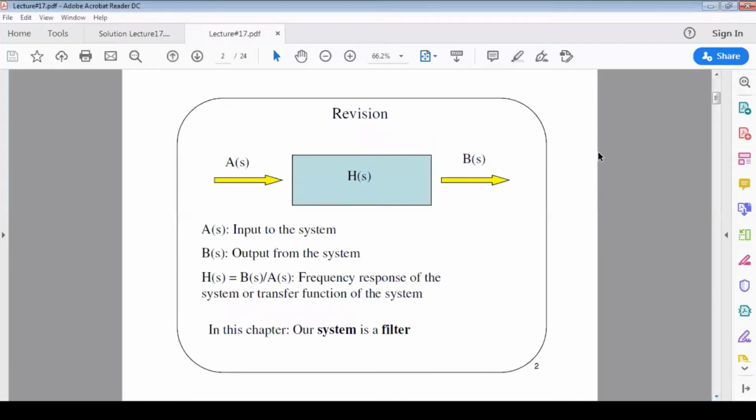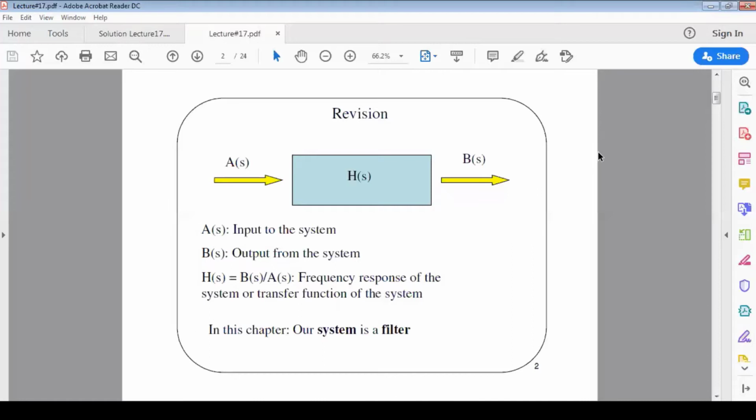Sorry, this is a revision on the filters. So basically, if you can recall, we learned about the filters in chapter 3 when we learned about the Fourier transform, yeah? So for the transform, one of the applications that we learned is on the filters.